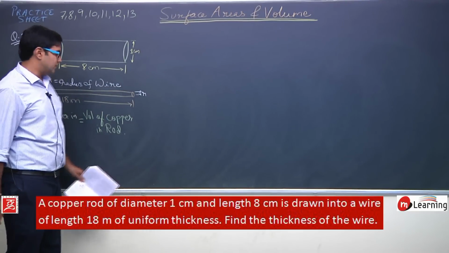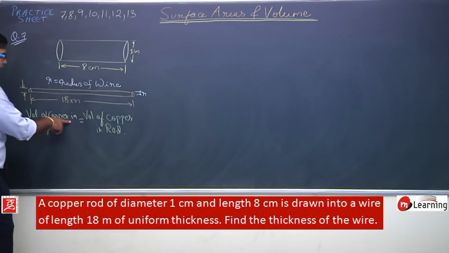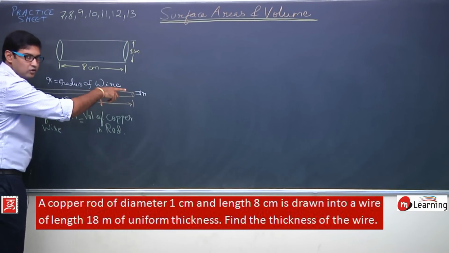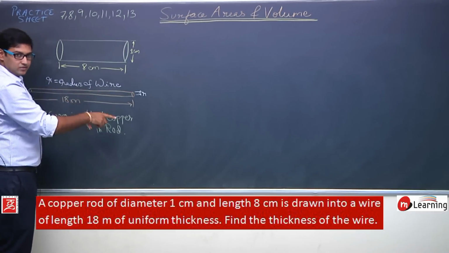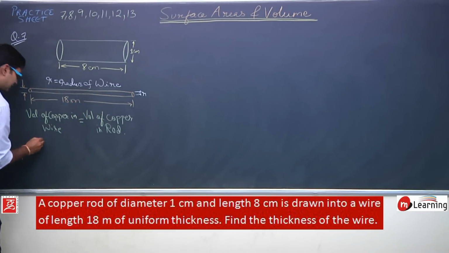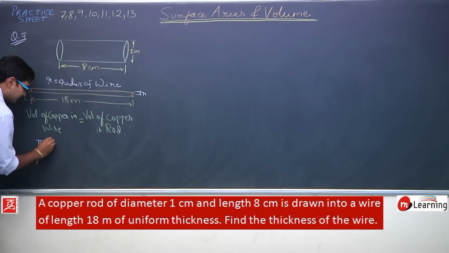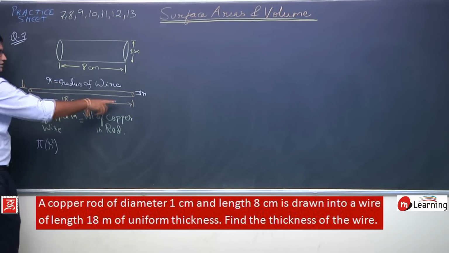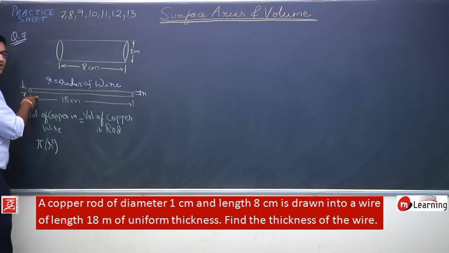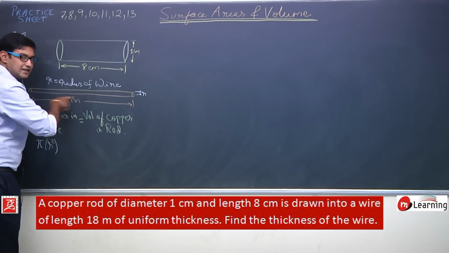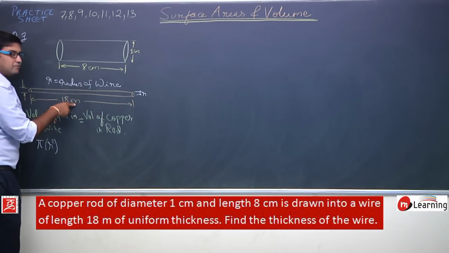So the volume of copper in wire can be calculated by using the volume of this wire, that is a cylinder. And what is the volume of a cylinder? It is pi r square h. The radius is unknown, that is r square, and h is the length or the height of this cylinder. The length of this cylinder is 18 meters.